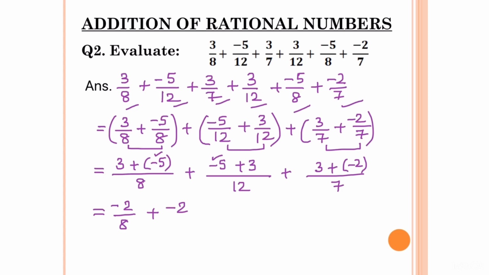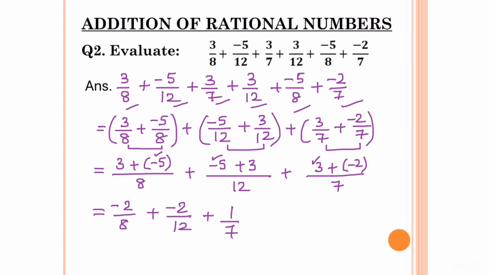So minus 2 by denominator is 12, plus here we have 3 plus of minus 2. So both are of opposite signs, so we will subtract. 3 minus 2 is 1, and the greater numerical value is positive, so plus 1 by 7.